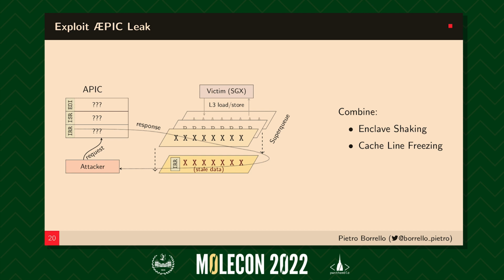We have enclave shaking to make whole pages from SGX enclaves go back and forth from the memory, through the superqueue, to the CPU. And then we have cache line freezing that lets us select a particular cache line that we want to freeze inside the superqueue.